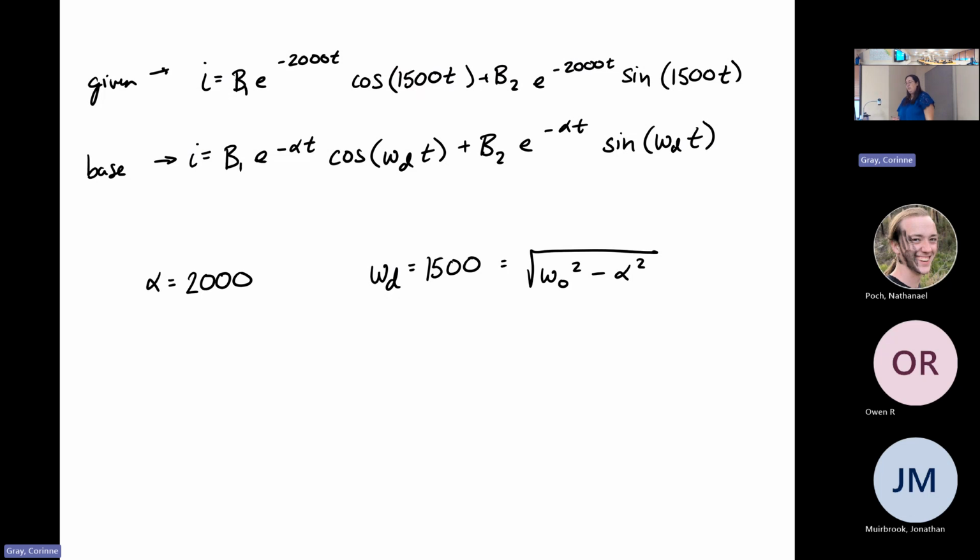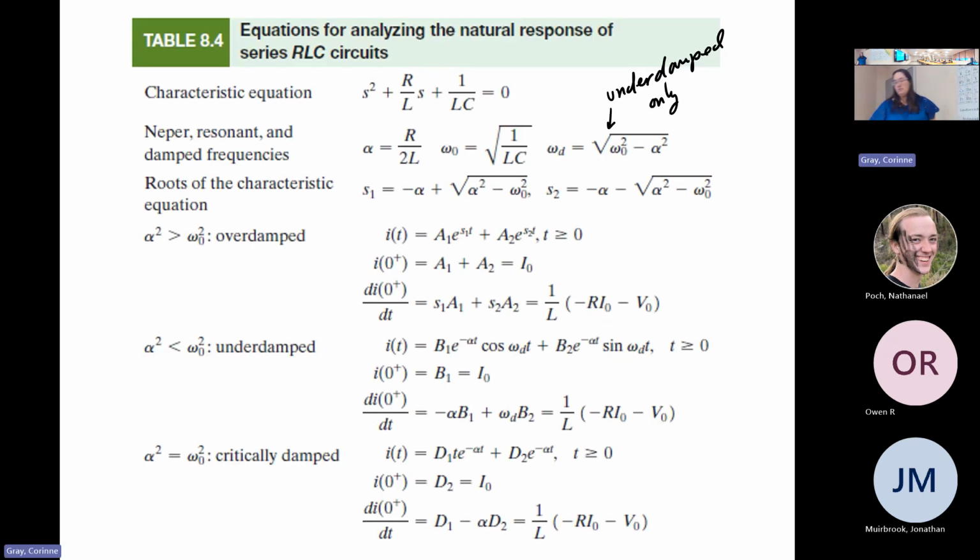So let's solve for the inductance and the resistance, and that's probably going to be all that we have time for. To solve for resistance, what equation might be useful? Again, we look at where resistance shows up in our frequencies.